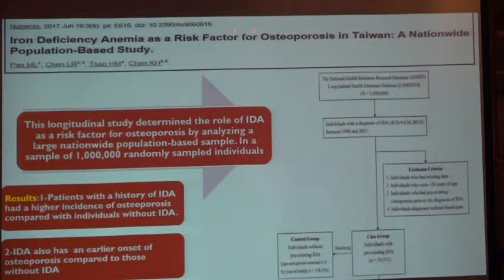After excluding patients who had osteoporosis before and patients less than 20 years, they divided the patients into two groups: an iron deficient group of over 35,000 and a control group of over 178,000. They found that patients with a history of iron deficiency anemia have a higher incidence of osteoporosis compared to individuals without iron deficiency, and also an earlier onset of osteoporosis.